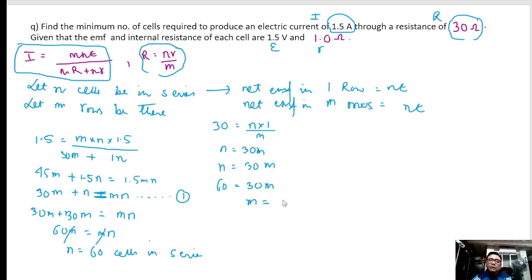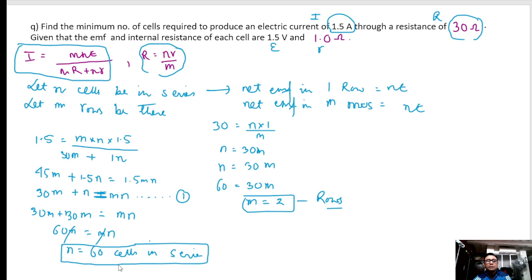So m is equal to 2. That means there will be 2 rows, and in each row there will be 60 cells in series. Clear? So this was the question. How many cells should I use?